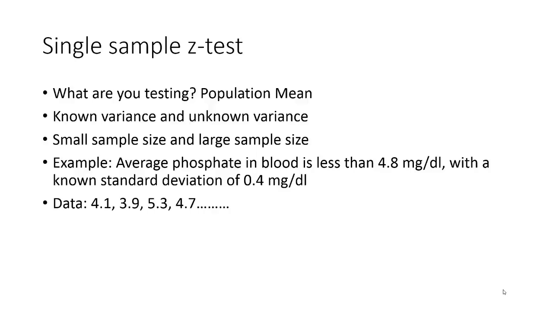So we imagined there's this doctor or public health system which says that the average phosphate level in your blood should be less than 4.8 milligrams per deciliter, and the idea here is that doctors understand that not every time you take a blood reading, a reading of the phosphate level, is it going to be 4.8 or less.